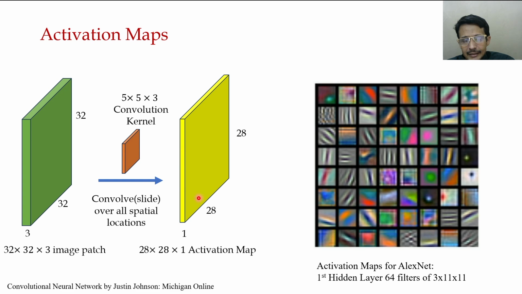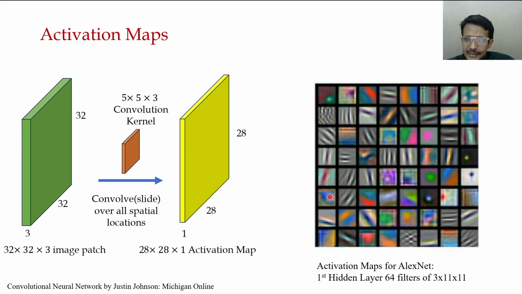This is a single activation map, and 64 such activation maps are being used. Here we use an 11 × 11 convolution, and then we get these 64 different activation maps, which are stored in this way. So this is the first layer.